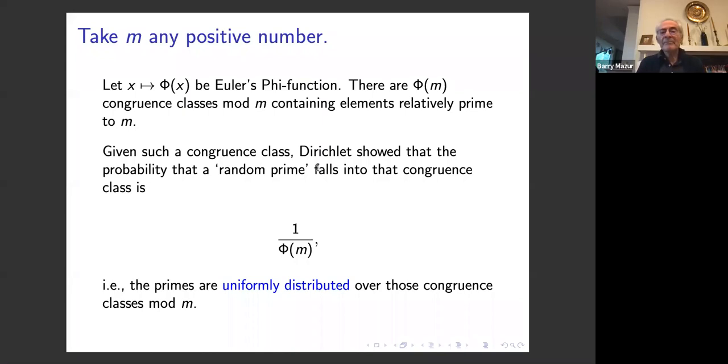And Dirichlet showed that the probability that a random prime falls into that congruence class is exactly 1 over phi of m. That is to say, the primes are equally and uniformly distributed over those congruence classes mod m.